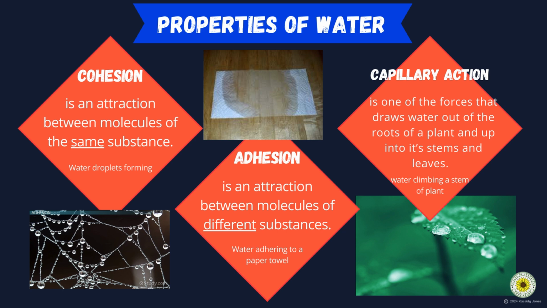Capillary action is one of the forces that draws water out of the roots of a plant and up into its stems and leaves. Water climbing the stem of a plant is an example of capillary action. That is just one of many examples of these 3 properties of water: cohesion, adhesion, and capillary action.